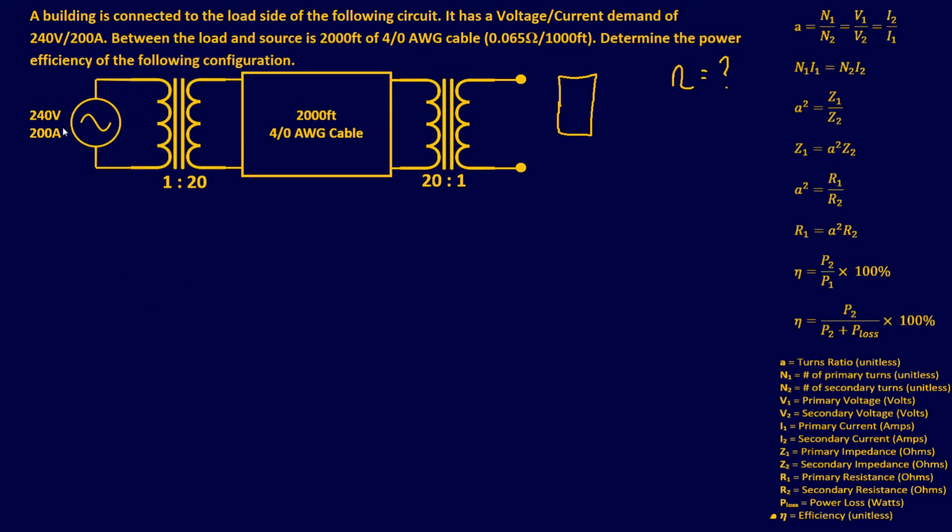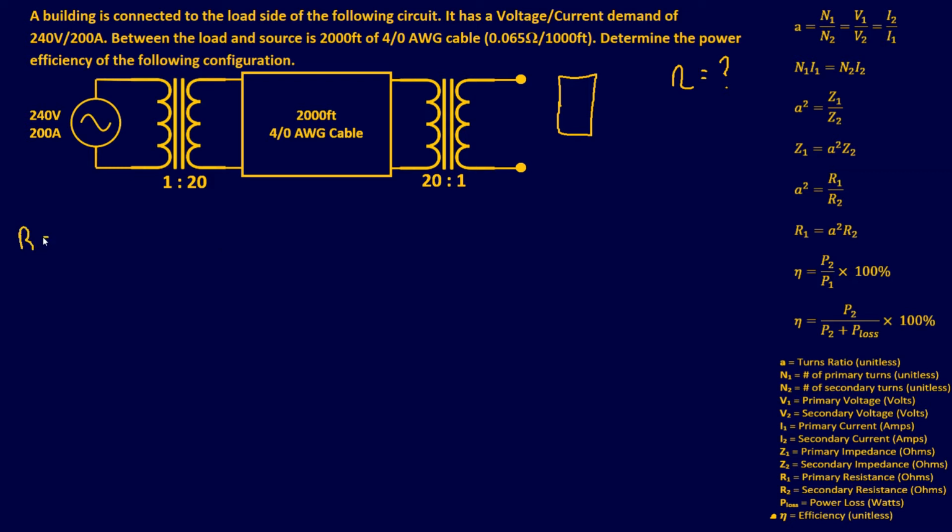Now, what do we know? We know our source is 240 volts at 200 amps. We have a 1 to 20 ratio going through a long cable, and then it drops back down to a 20 to 1 ratio. So the first thing I want to do is determine how much resistance is in this cable. So I have 2,000 feet, and we know for every 1,000 feet, it's 0.065 ohms.